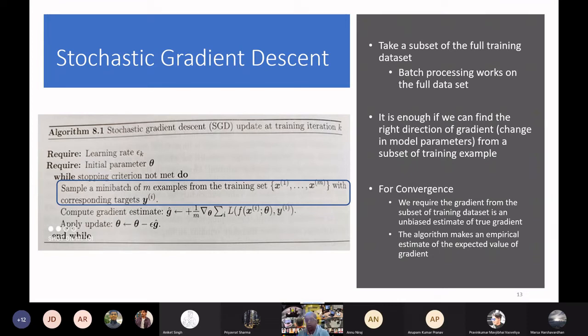And it can be proven that by taking this random sample from the full training data set, we make an empirical estimate of the expected value of gradient. And as long as this estimate is unbiased, which we can ensure by proper load distribution among various classes, so that we are getting the correct direction of the gradient, we can converge the algorithm even without batch processing.